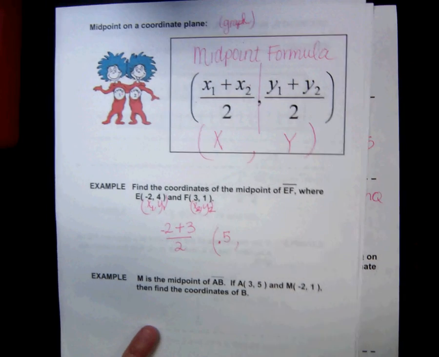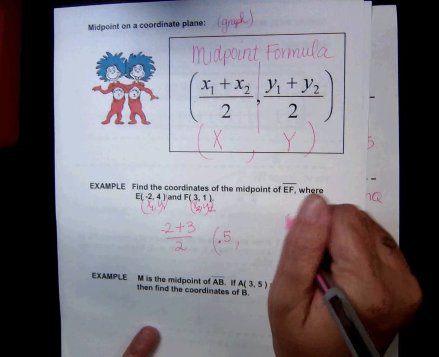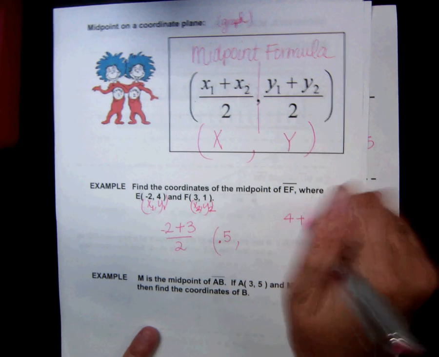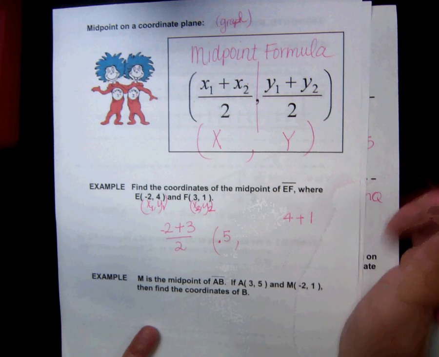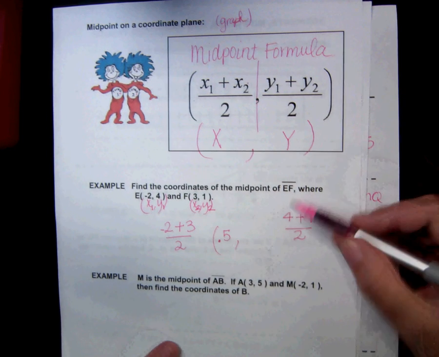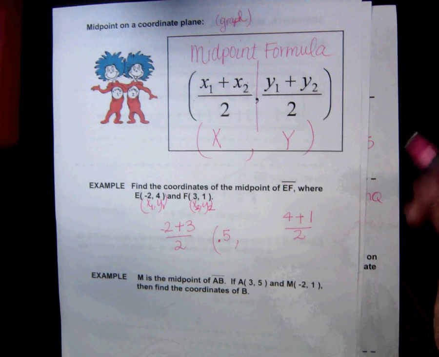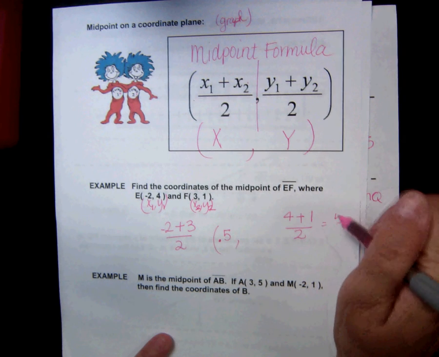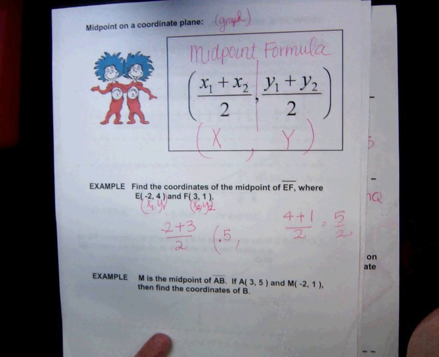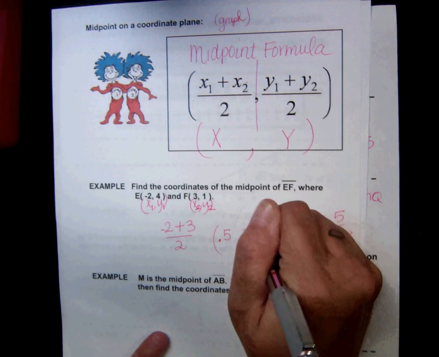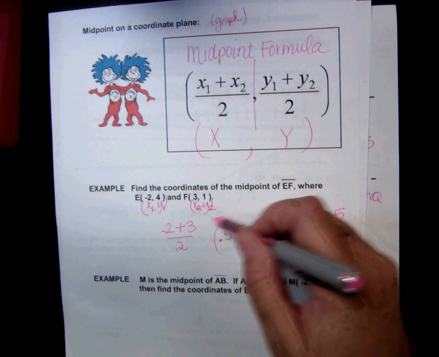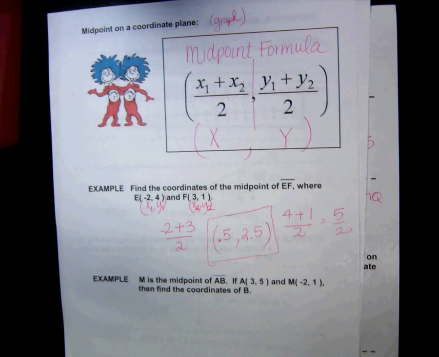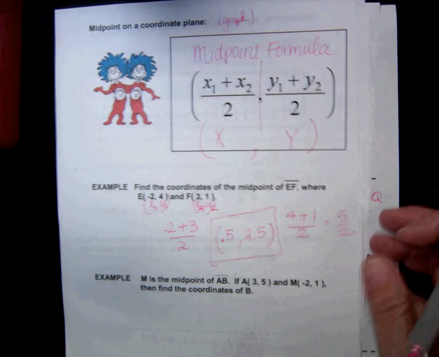My y1 is 4, and it says plus, and my y2 is 1. Then I divide it by 2. If I add 4 plus 1, I get 5, and 5 divided by 2 gives me 2.5. So my midpoint coordinate is going to be 0.5 and 2.5.